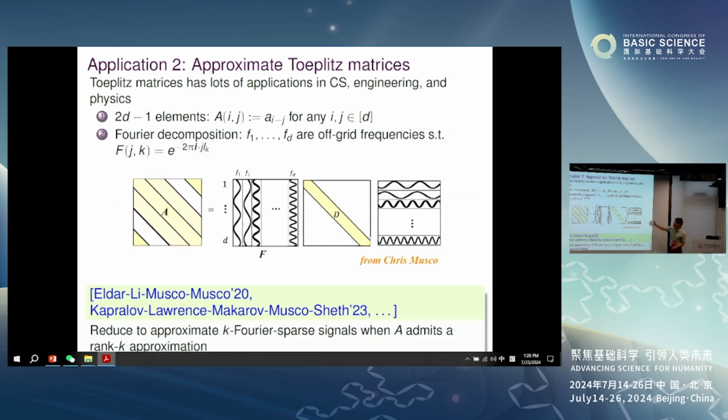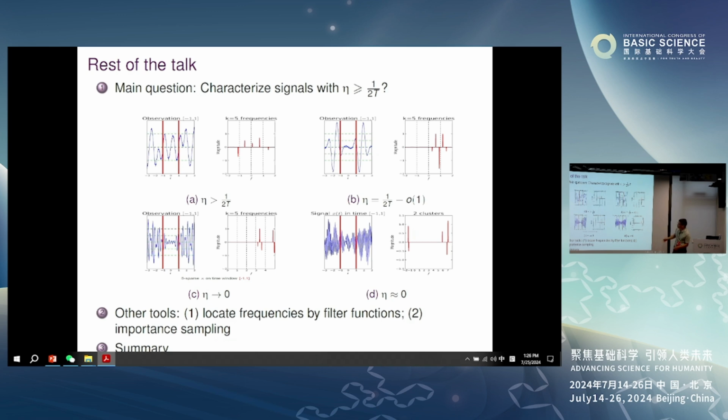Yeah. So this is the second application. That's all I want to say in the introduction part. The rest of the talk: the main thing I want to answer is how to characterize signals whose frequency gap could be arbitrarily small.